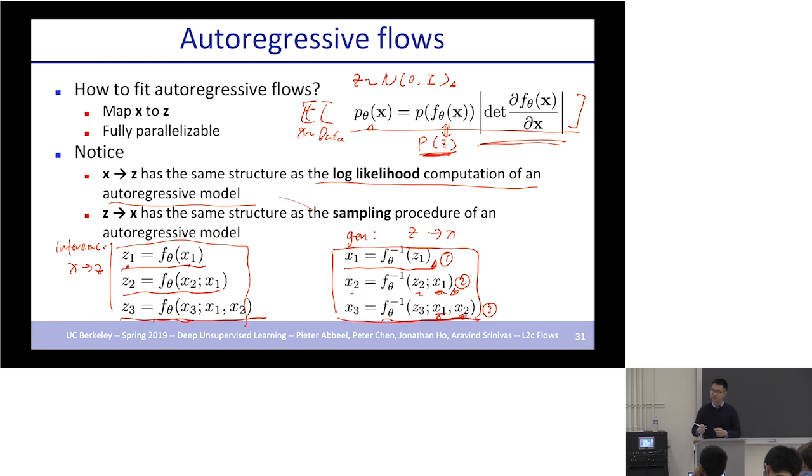So the sampling path of an autoregressive flow would be slow, because you need to do it sequentially. And this is really just a mirror of what we have seen for the discrete autoregressive model, where the inference is all parallelized and the sampling is all done sequentially per dimension.